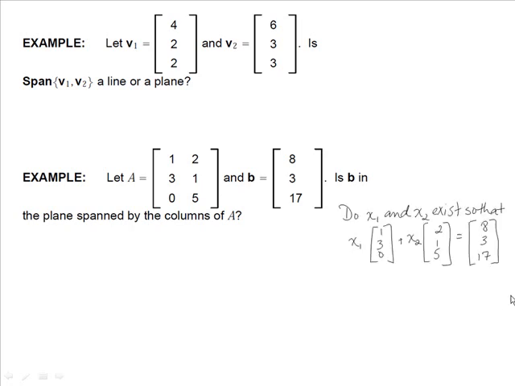It boils down to answering the question, do x1 and x2 exist so that x1 times the first column of matrix A plus x2 times the second column is equal to our vector b? You'll need to write this as an augmented matrix, then row reduce it and solve to find out if we have a consistent system or not. And we will go over your answers in class.